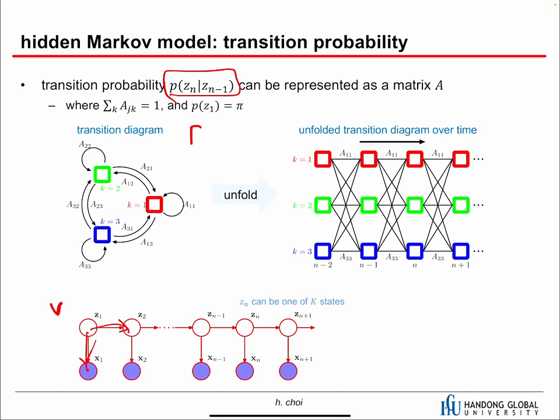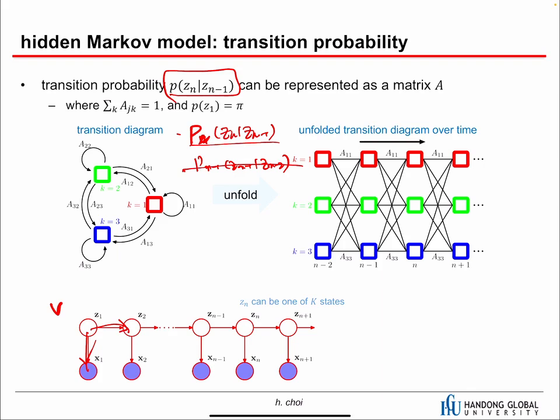We don't need a subscript n on the probability of zn given zn-1, or a separate one for zn-1 given zn-2. It's homogeneous, so we are interested in just P of zn given zn-1.